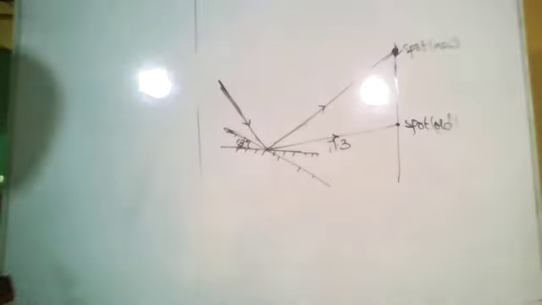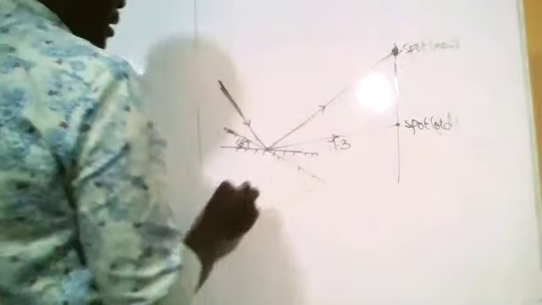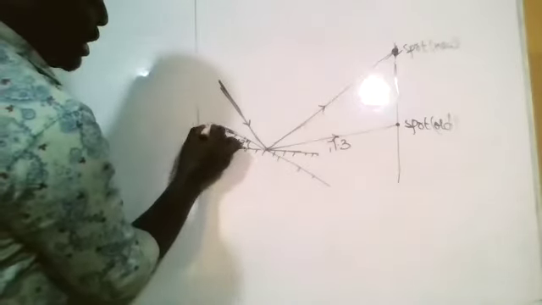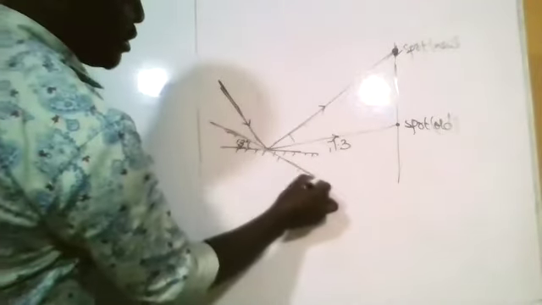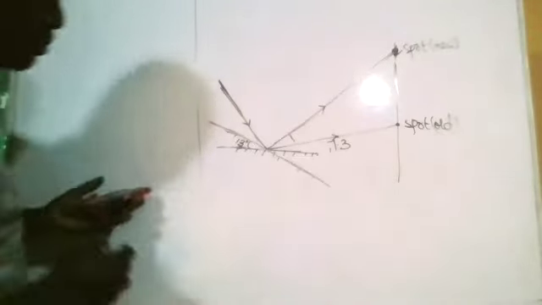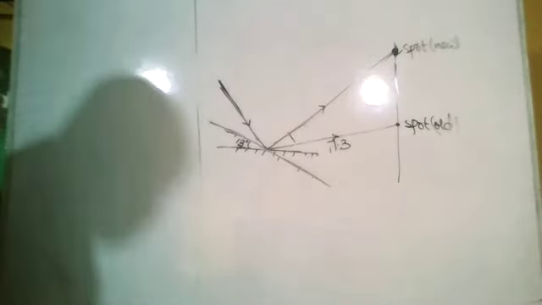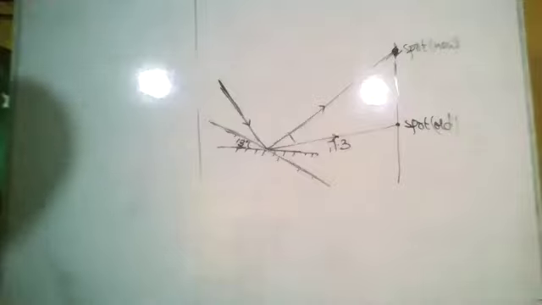So second reflection, first reflection. Now once the mirror is rotated at 13, Nana Safo, what will be this angle? If the angle of rotation is 13, what will be this angle? Nana, hurry up. Nana, are you there or you are gone?